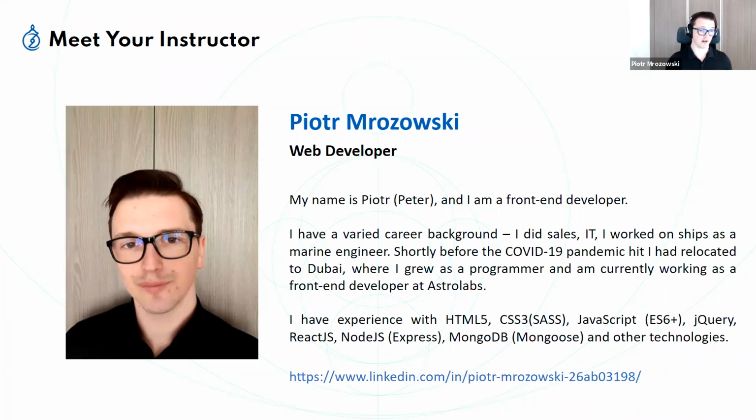I couldn't continue that career path, went back to IT, discovered programming, or more like started treating it seriously, found my love and passion for it, and have been doing that ever since. I came to Dubai shortly before the pandemic, and it's here where I got more practice and grew as a programmer. I did a bootcamp at AstroLabs a bit over a year ago, and now I'm working for the company as a front-end developer. That's enough about me.